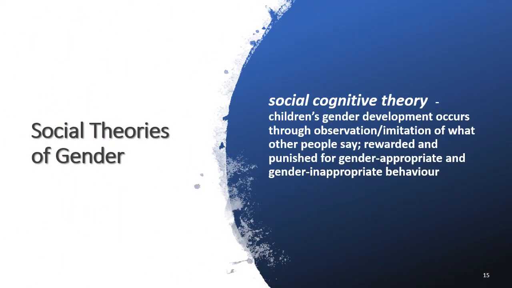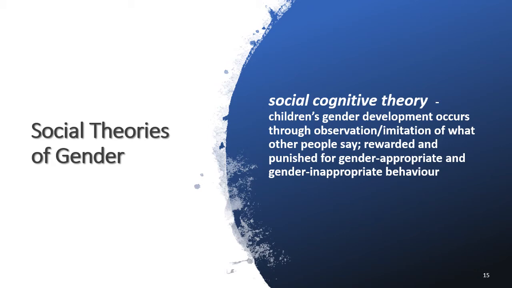So then the third one of these social theories of gender, which are being presented on the nurture side of this gender discussion, is this idea of social cognitive theory, that the development of gender is social in where the information is coming from, and remember social cognitive, how our thinking is socially embedded.